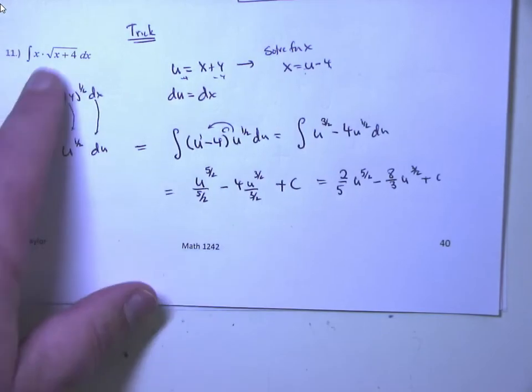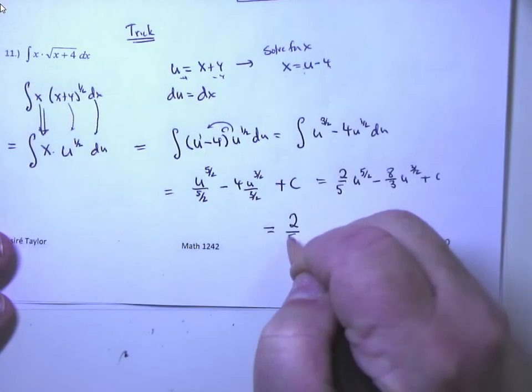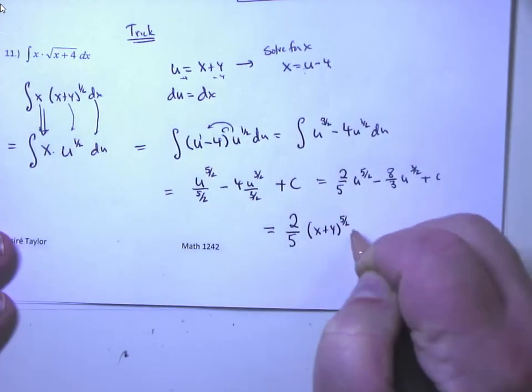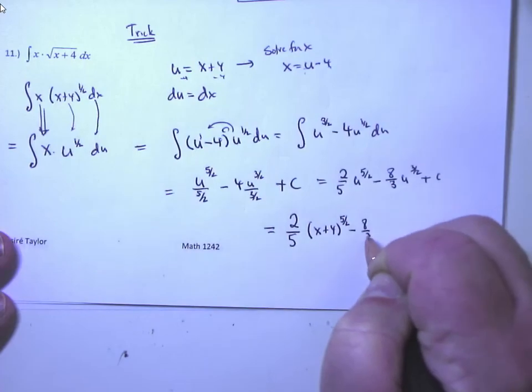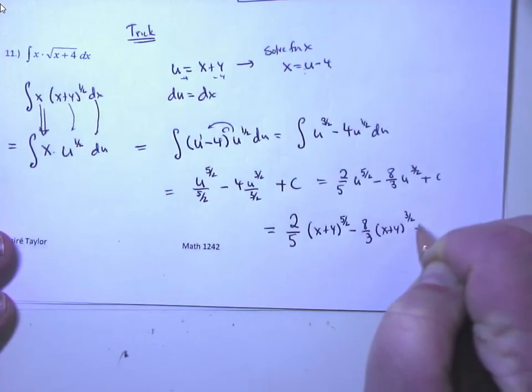The problem was in terms of x, so the answer has to be in terms of x. So I back substitute. That'll be 2/5 times (x + 4) to the 5/2 minus 8/3 times (x + 4) to the 3/2 plus C.